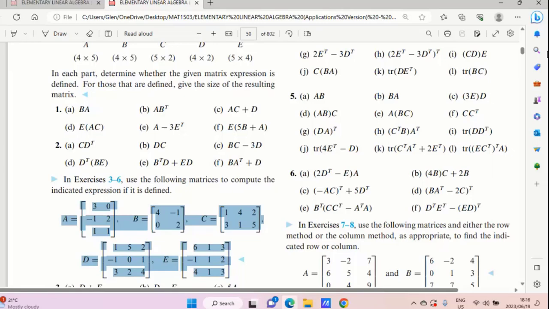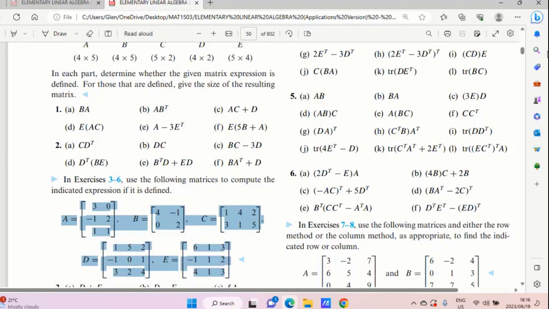Do we agree? That's where we should start. So the first column will be 1, 5, 2. The second one will be -1, 0, 1. The last one will be 3, 2, 4. Do we agree on the transpose of D?